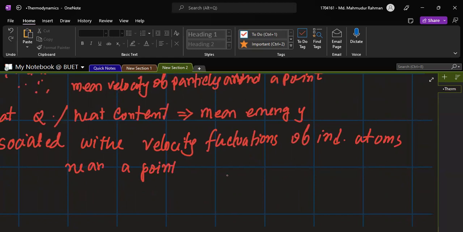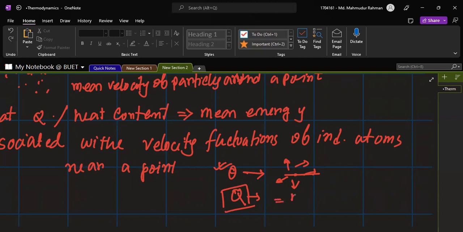So to summarize it, we have two quantities. One is temperature and another is a heat content associated with this temperature field. What the temperature field tells us in a continuous body is that at this point we have different velocities. So temperature is a measure of the fluctuation of this velocity around this point, whereas heat is the energy associated with this fluctuation.